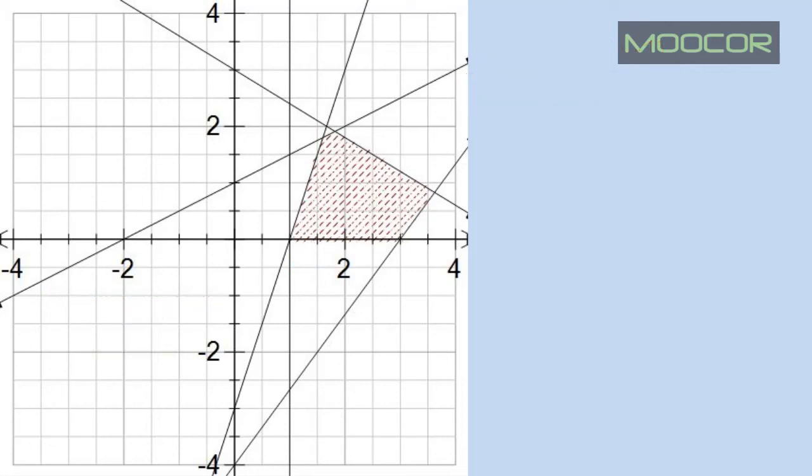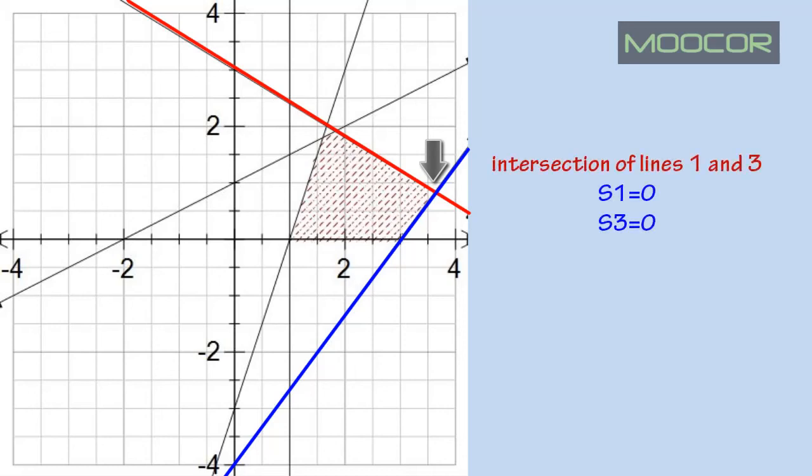What if, and this is important, what if I'm at an extreme point? That extreme point, for example. Well, this extreme point in this case is the intersection of two lines. This extreme point is on both lines. What does that mean? It means the slack variable for both lines is 0. That is an important indication that you are on an extreme point.